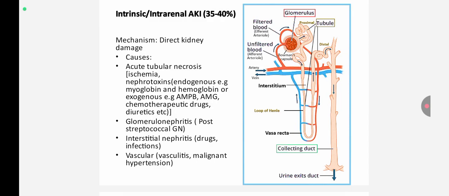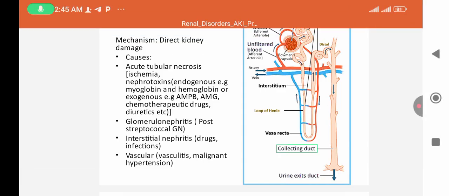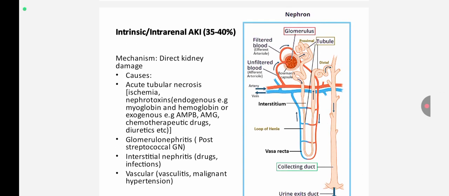The glomerulus is responsible for filtering everything that's in the blood, so it can filter this immune complex. And once it gets deposited on the glomerulus, it triggers a serious inflammatory reaction that compromises the integrity of the glomerulus. So the glomerulus becomes porous, leading to filtration of things that should not even be filtered. Example is your red blood cells.